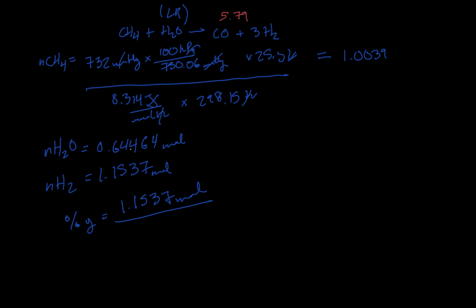And again, that's 3 times our limiting reactant here. So we multiply 0.64464 moles, cancel the moles, multiply that by 100, and that gives us a percent yield of 59.7%. All right, there you go.